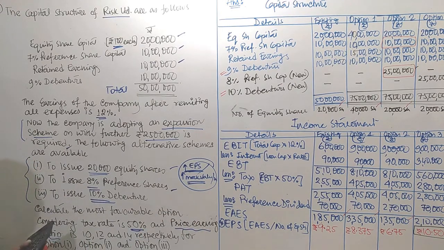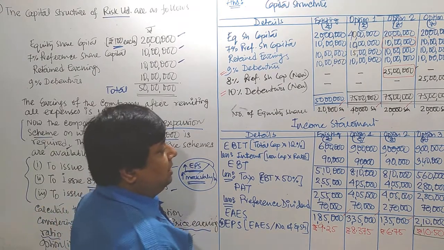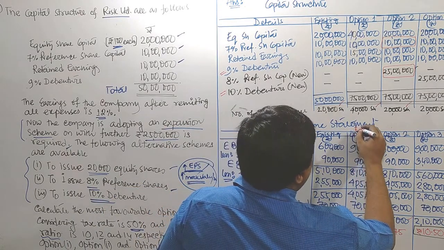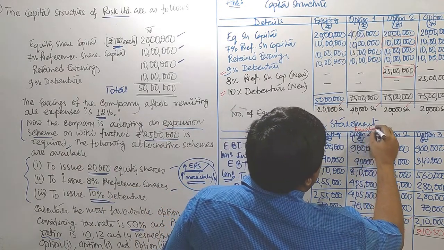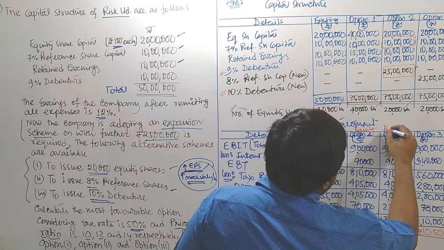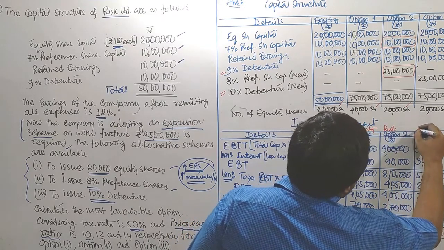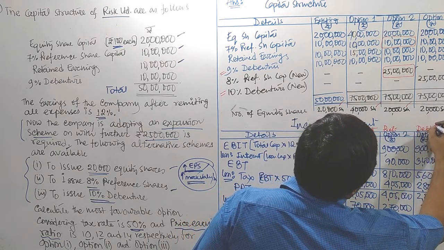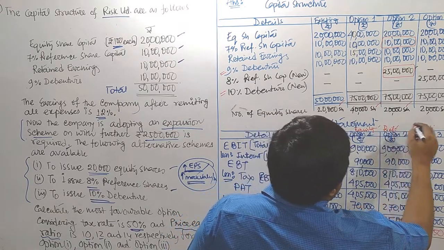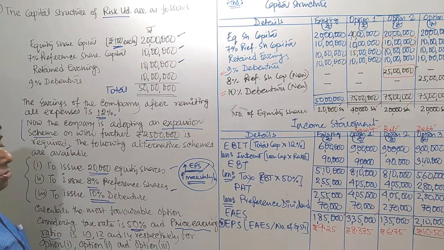This is equity financing, option 2 is preference financing and option 3 is debenture financing or debt financing. For these three alternative financings, the price earning ratio is provided.